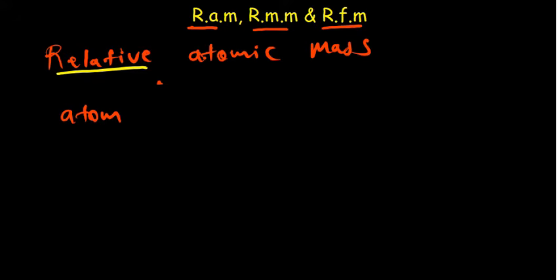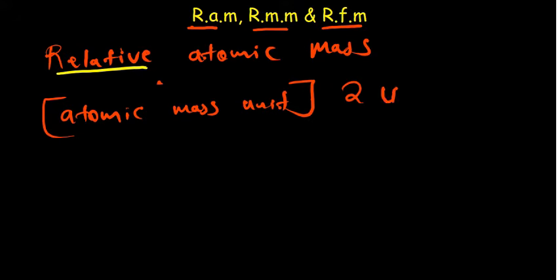Therefore atomic masses are defined in terms of what we call the atomic mass unit, usually denoted using a small letter u. So when you say 2u, it means 2 atomic mass units.